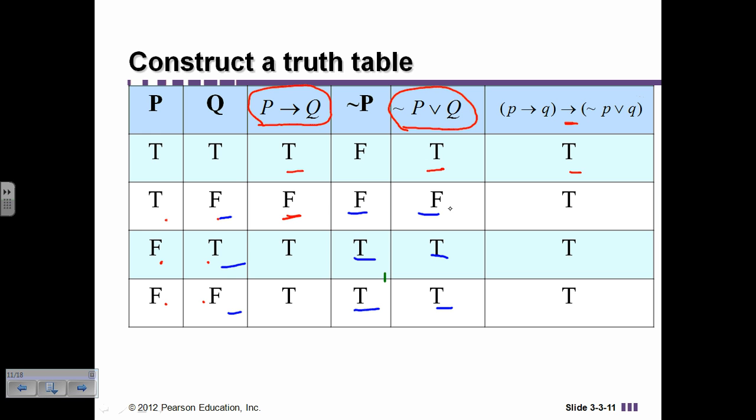False implies false is a true statement. In other words, it always is true. If you start with something false, you'll end up with something false. True implies true is true. And the last one, true implies true, is true. So since the result of this condition is always true, no matter what the starting conditions are, this is called a tautology.